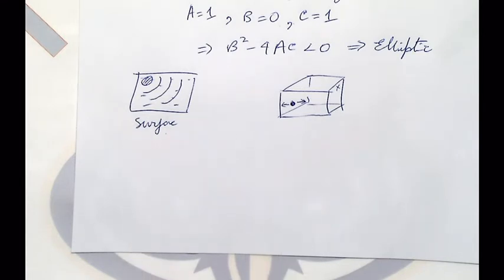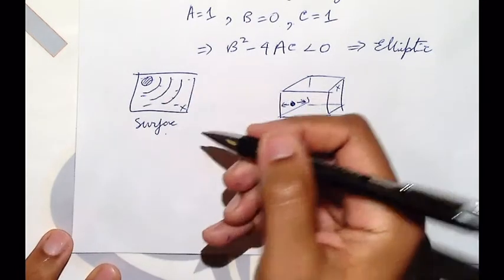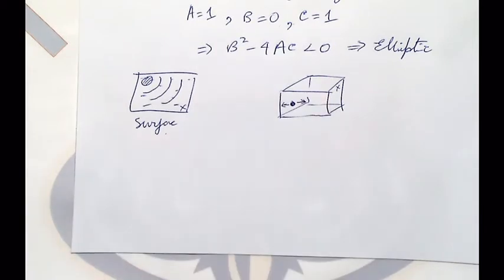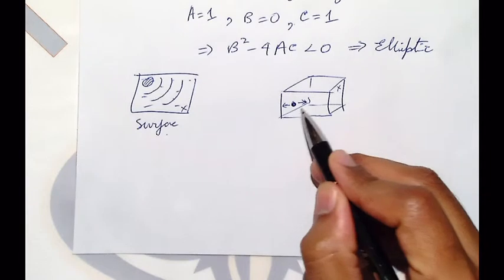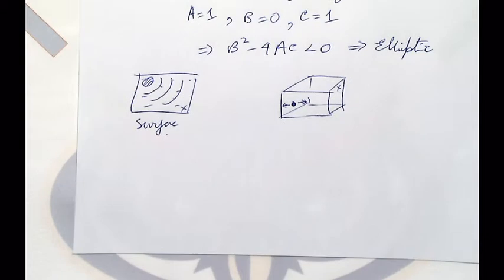But how do you think it will behave? Here, if I'm trying to measure the surface wave, I have to wait until the wave reaches me. If you have a pressure sensor here, do you have an idea of how much time will elapse before you see this change in pressure? Speed of sound divided by distance. Yes, that is correct.